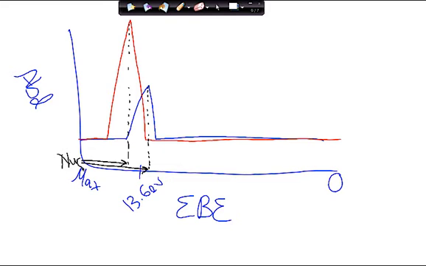Yeah. Well, so interesting. So why is it that it just doesn't do this, right?